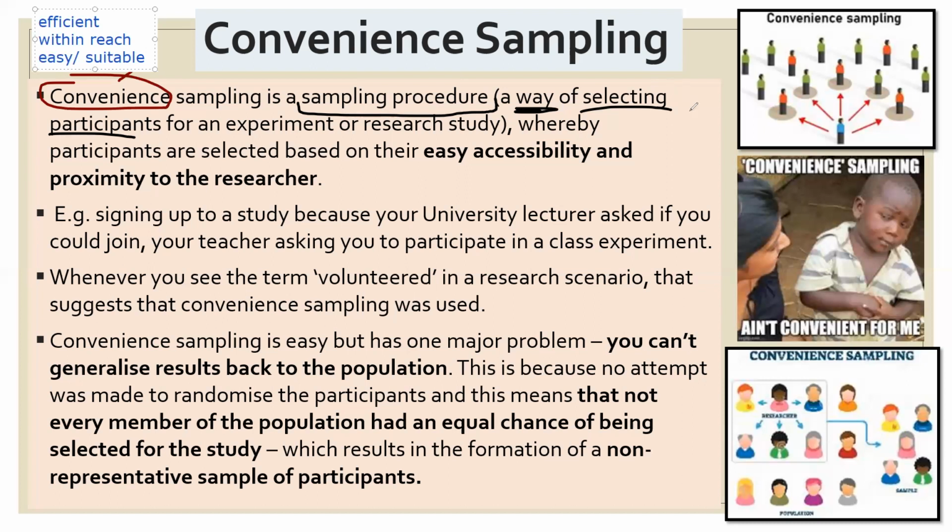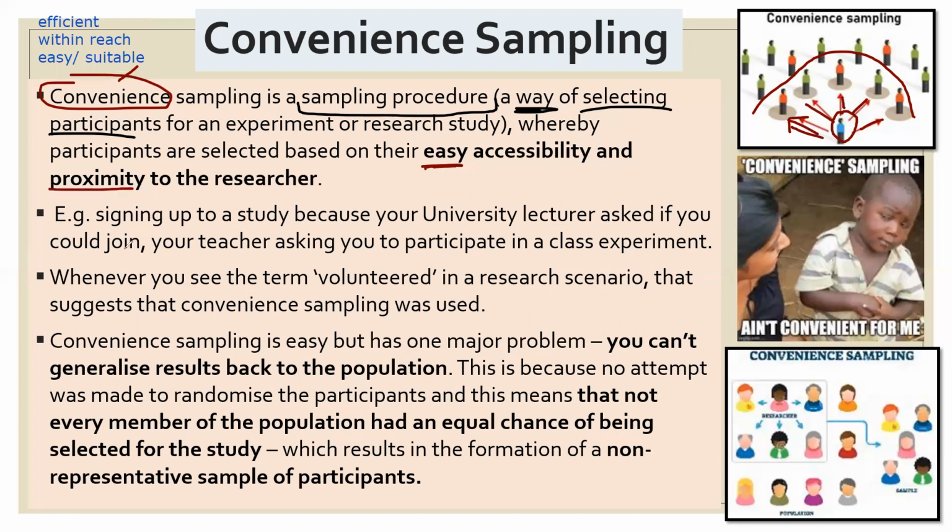We can see in this picture, for example, this is the experimenter, and he's wanting to choose these participants who are closest to him. So that might become his sample, because it's easiest for him to grab these participants compared to participants who are further away. Okay. So that's what convenience sampling is. It's basically choosing participants for an experiment based on how easy they are to access for you, or in terms of how close they are to the researcher.